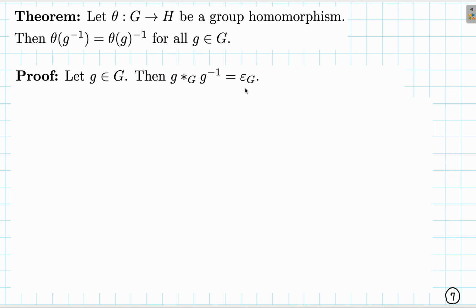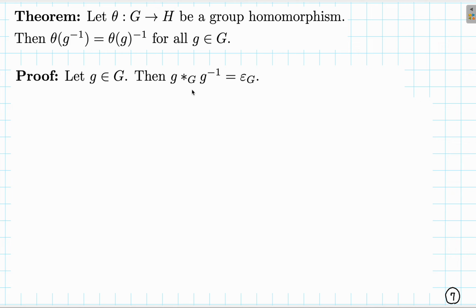And when we discuss identity elements in this proof, since there are two groups, G and H, I'll be sure to label them as epsilon G or epsilon H, depending on which identity we're talking about. And the same goes for the operation, because there are two groups. I'll say star G or star H, depending on where that multiplication takes place.